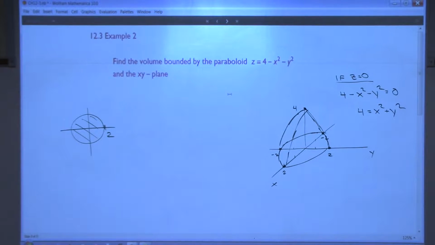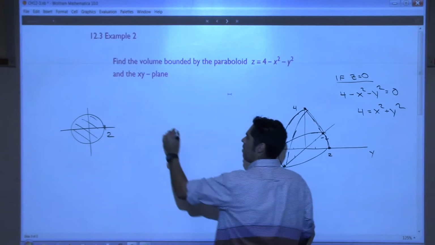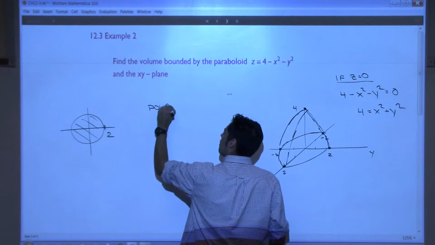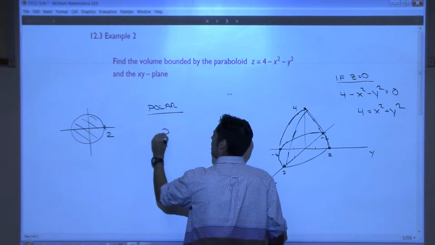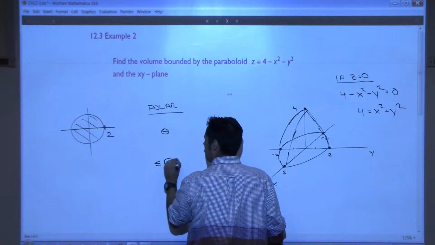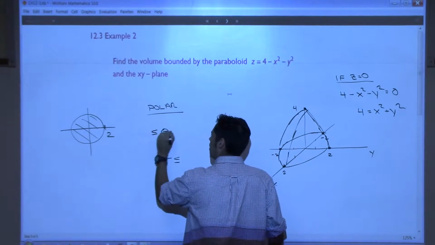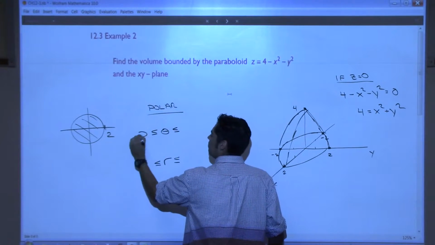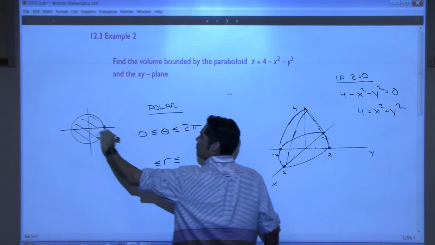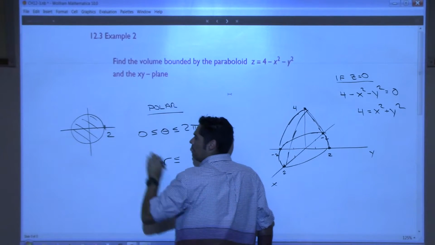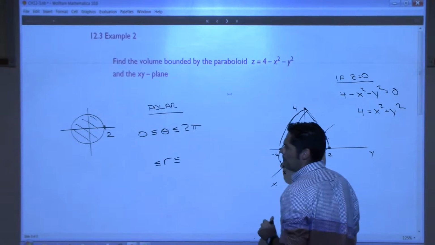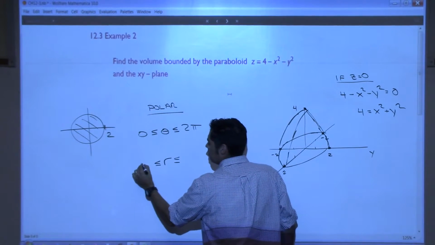It might be messy because circles aren't functions. But if I convert this to polar, I think I can handle that. What would my restrictions be? I have to find restrictions on both theta and r. 0 to 2 pi would rotate me all the way around. And then my radius should go from 0 to 2.